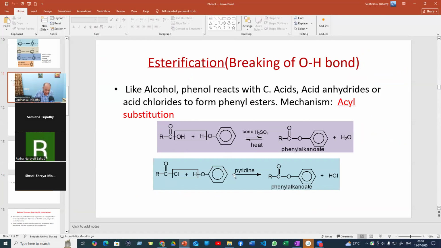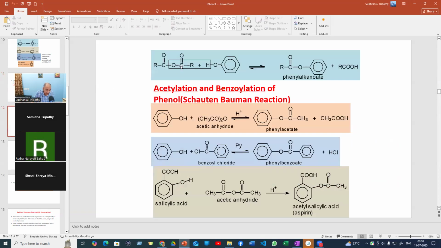It's an aromatic compound. So that will undergo acyl substitution to give you the phenyl ester, and you can use the substrate carboxylic acid. You can also use acid chloride. That is much better than carboxylic acid. Another alternative is acid anhydride to give the same compound.